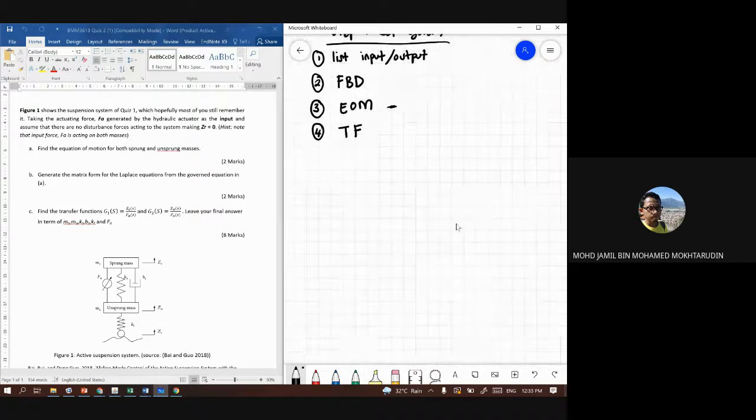So let's list the input and output. Number 1, the input is FA, and for the output, because we want to measure the displacement or acceleration and velocity, we can measure either ZS or ZU. ZR is assumed 0. The question says ZR equals 0.